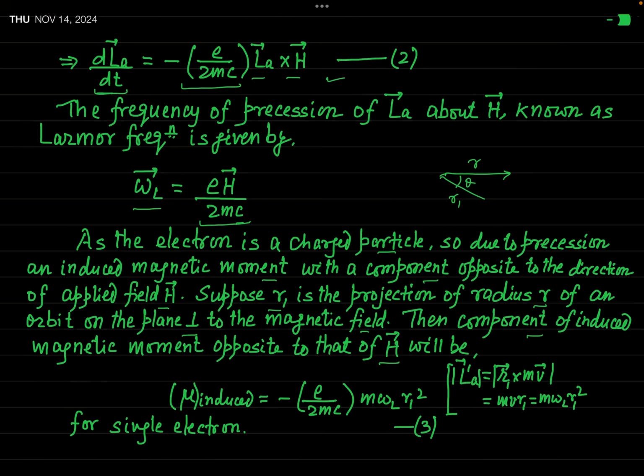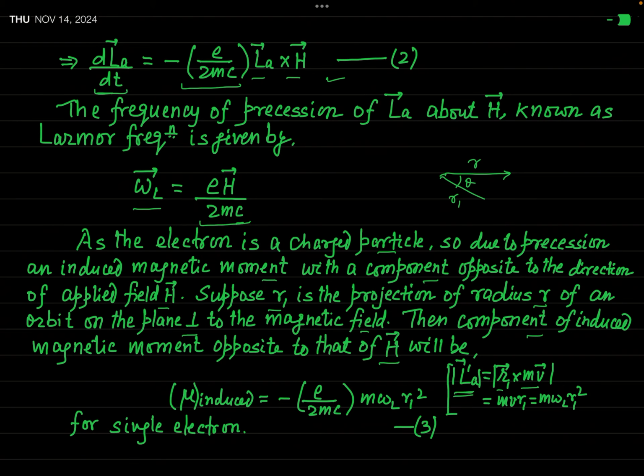Here, in place of LA, I have considered the magnitude only. So you have to take the magnitude of the component of LA in the direction perpendicular to the plane of the magnetic field, and that is LA prime, equal to the modulus of R1 cross MV.